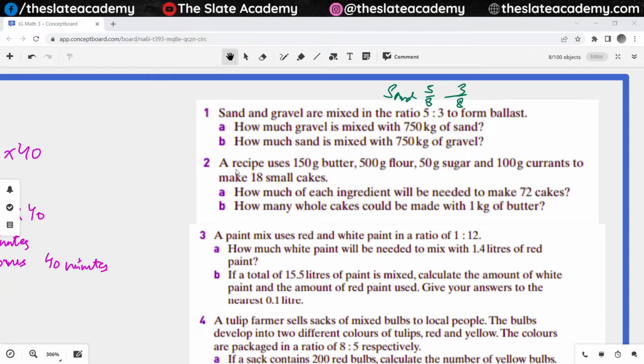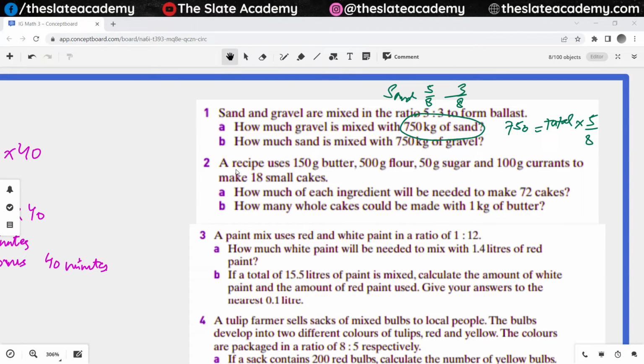So if we are given 750 kg of sand, then 750 is equal to total multiplied by 5 out of 8, right? This sand that I have would be total into 5 by 8.